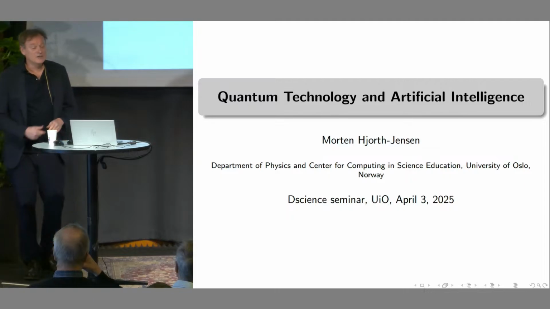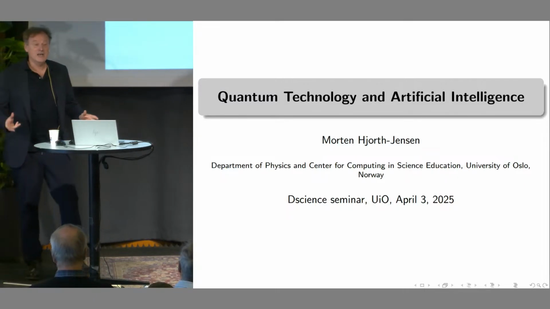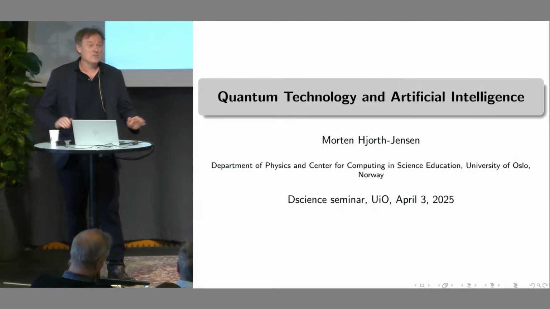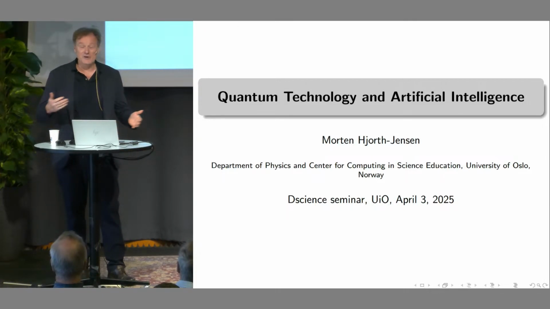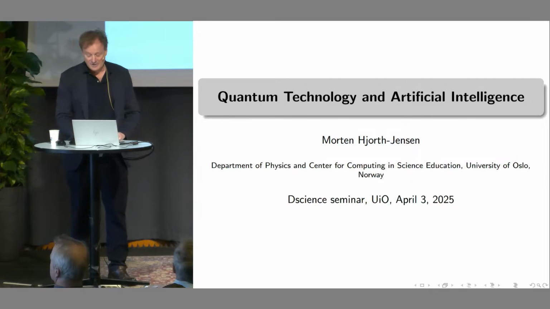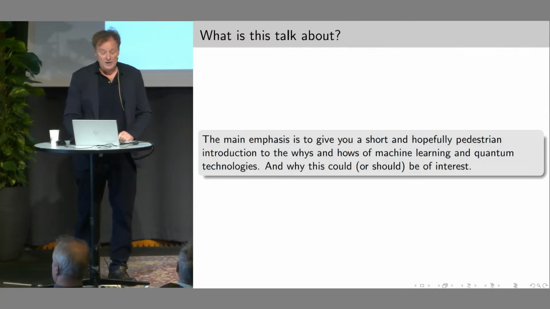Now, as you can see from the title here, this is not an excess of megalomania on my side. It's simply because this is a topic which I find very interesting, but I will have to bring you on a narrower path when we look at specific applications. But I hope I can give you the gist of what is going on.